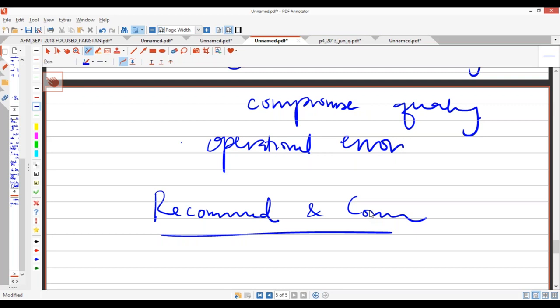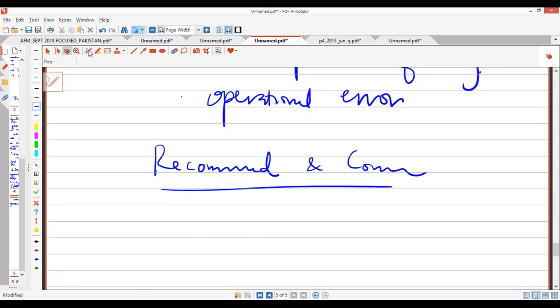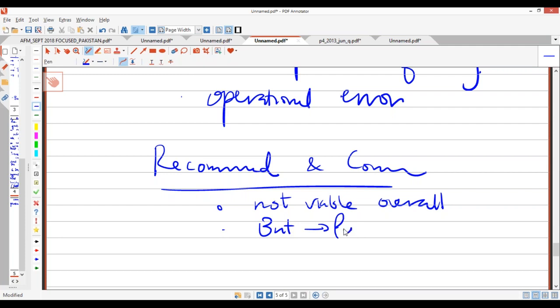However, we also need to take into account risk and all that. I'm just giving you a pointer here. My first sentence will be: overall not viable, but taking into account the put option makes the project look good.